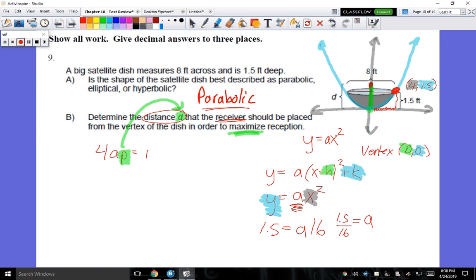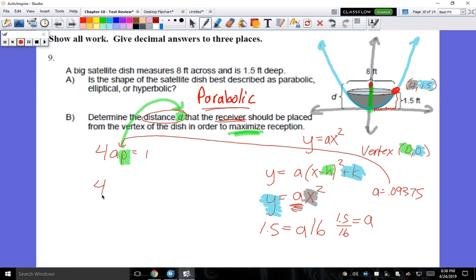If we do 1.5 divided by 16, we get this weird decimal number. Okay, if you were to put this into your calculator, you would get something like a is equal to 0.09375. Alright, so 0.09375 is the a that I now get to use to find p.